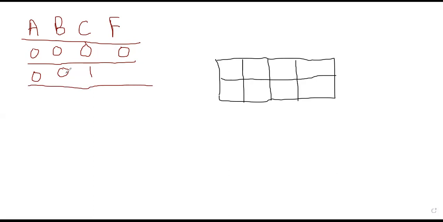So 0 and 0 will be 0 plus 0, which is 0, and then we have to multiply. So 0 multiplied by 1 is zero. So the output is 0. Why did we first add and then multiply? This is basically, as I said, the sum of products system, the function of this system as I described earlier.